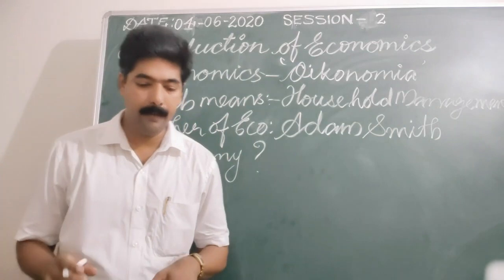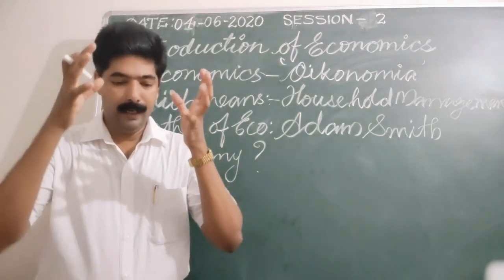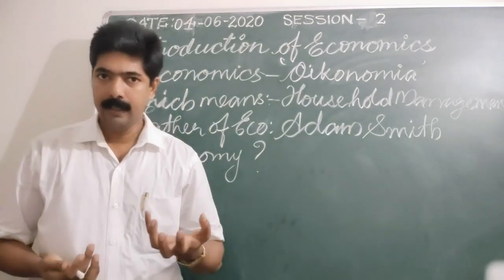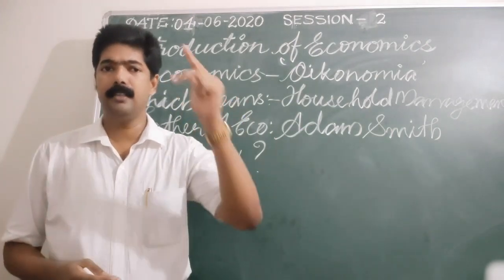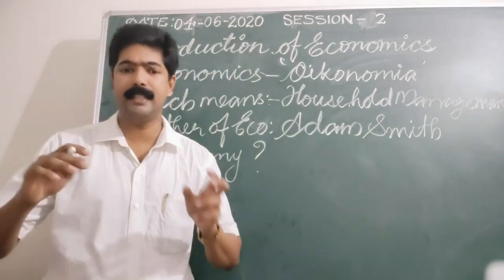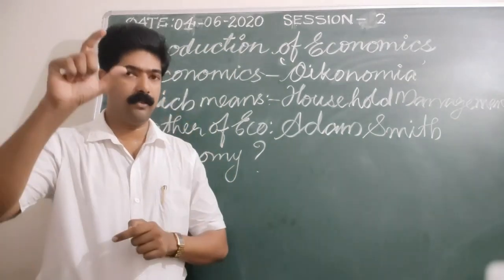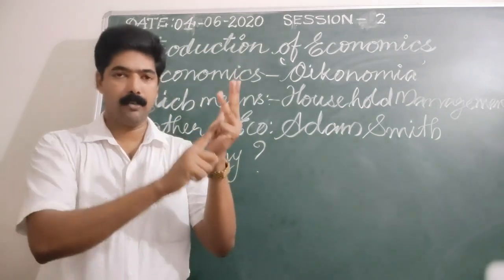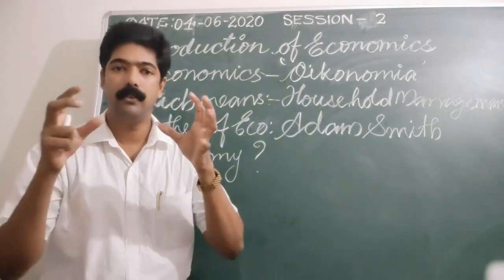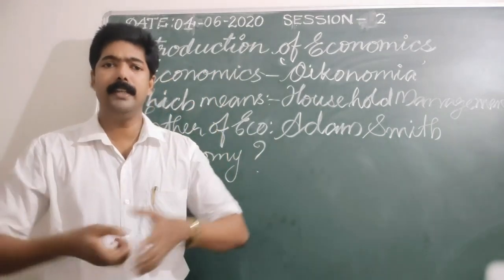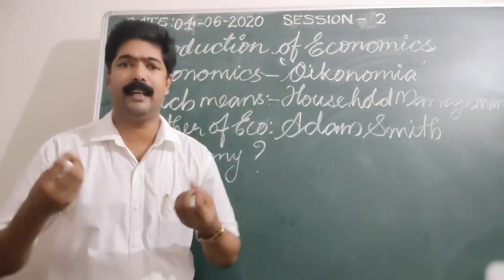So what is an economy? An economy is a system which provides living to the people. Or else an economy is a system in which production, exchange, consumption of goods and services take place. Got it? In which people live together, in which people get a lot of chances to exist.